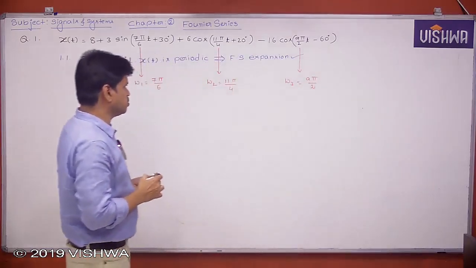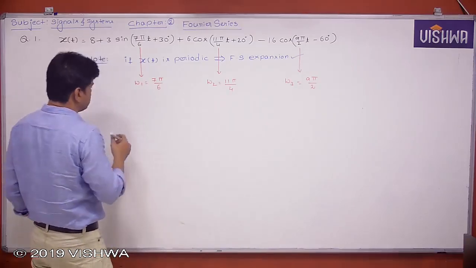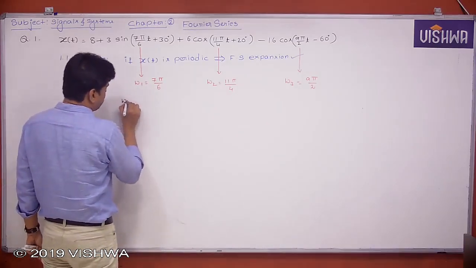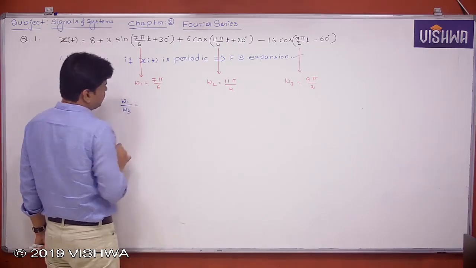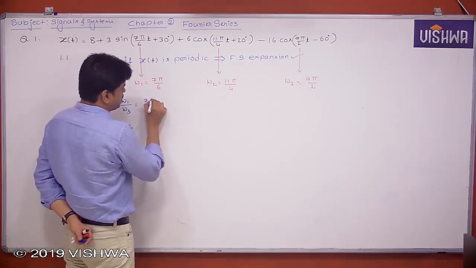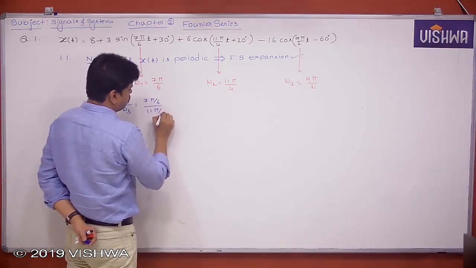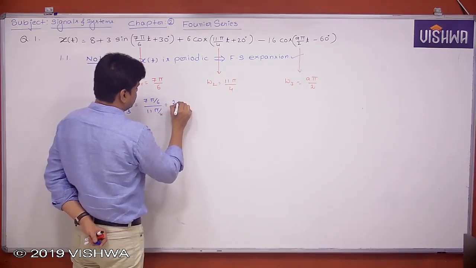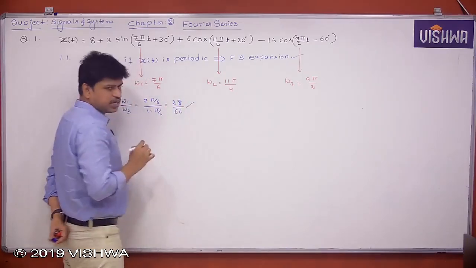Now what we have to check is omega 1 by omega 2. That is 7 pi by 6 divided by 11 pi by 4, so it is going to be 14 by 66. Yes, it is a rational number.